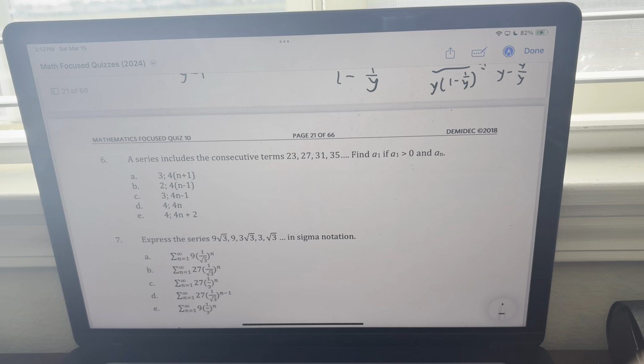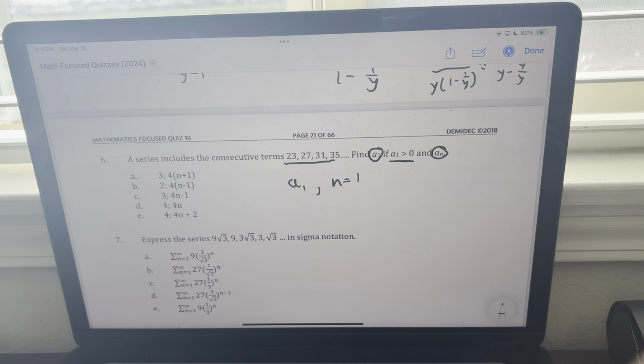Next up, a series includes the consecutive terms of these, and we need to find a1 and a_n given that a1 is greater than 0. So if we take a look at these here, we can immediately eliminate a couple options. So we know at a1, n is equal to 1.